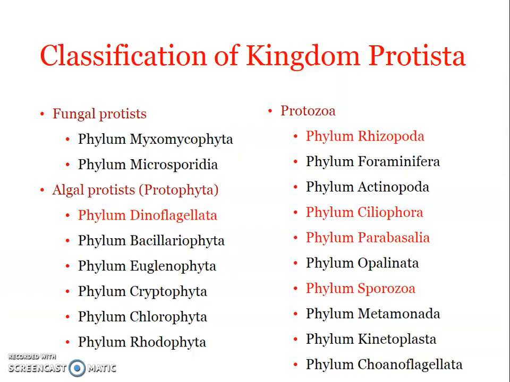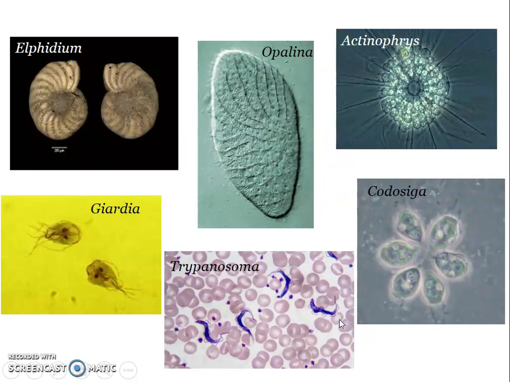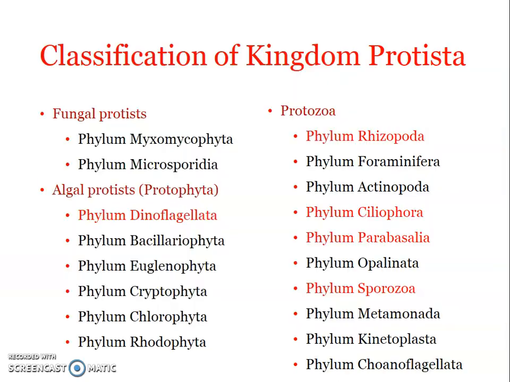The next one is Phylum Kinetoplasta. Okay, it includes small, colorless, naked parasitic flagellates, and they have a kinetoplast and 1 to 3 flagella. The Kinetoplasta have an elongated body.